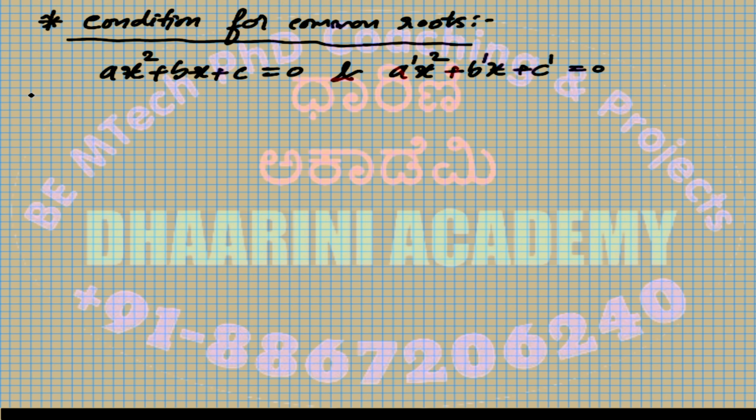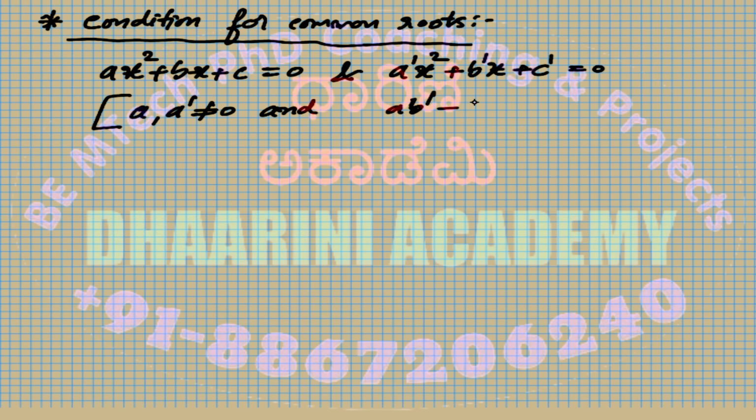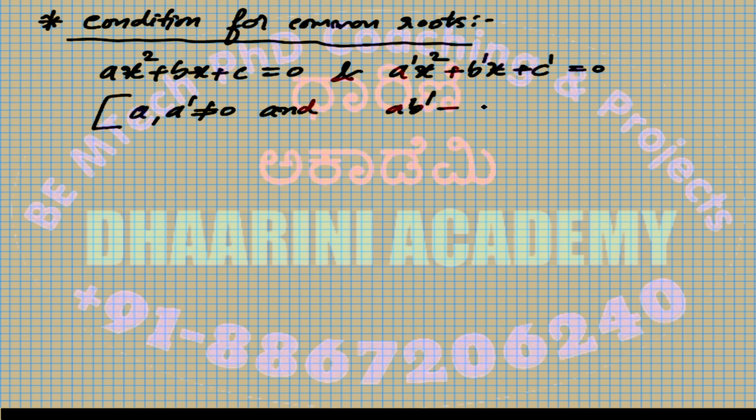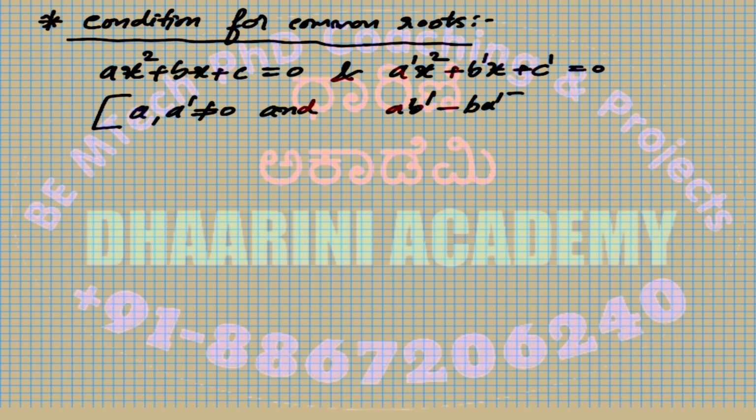So here the condition is that a and a dash are not equal to 0, and a into b dash minus b into a dash should not be equal to 0.